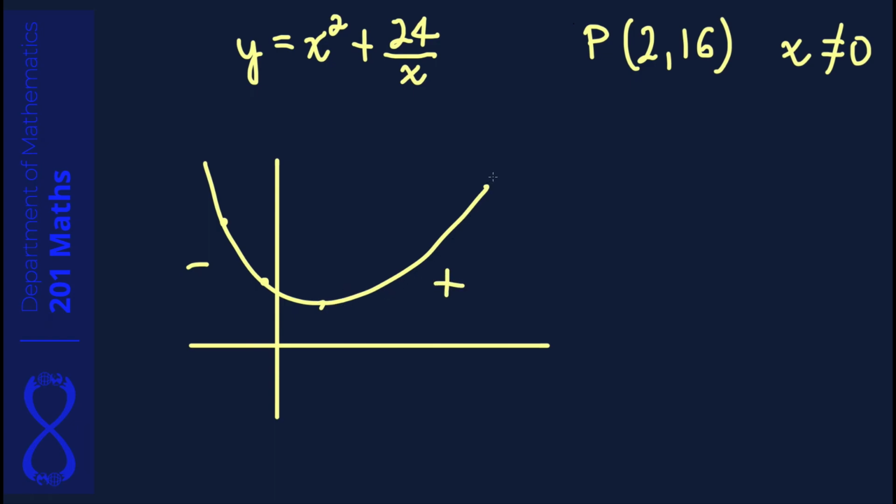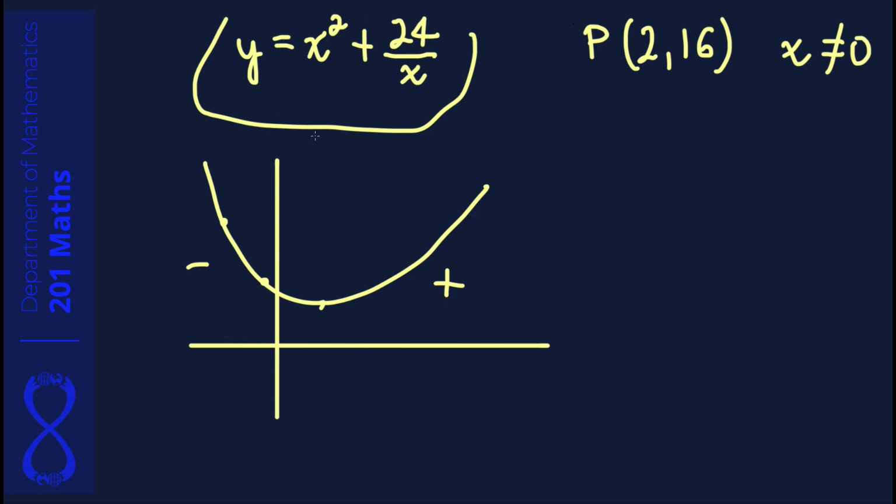The curve is going up, and the way we find the slope at a given point is by taking the derivative of this equation and then plugging the value for x into that new equation that corresponds to the derivative of this one.